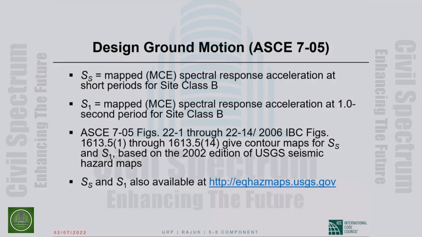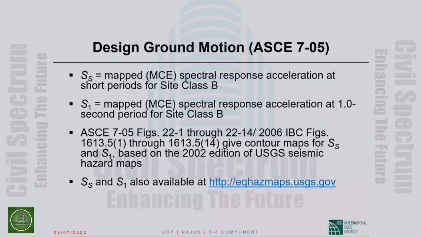S sub S is mapped. It really means that the values appear on a map issued by the US Geological Survey. Mapped maximum considered earthquake. I will define that, but note that we are not talking about the design earthquake, which is different.